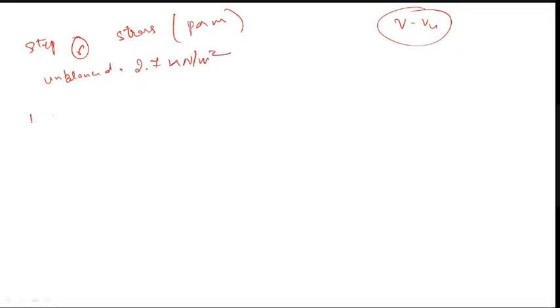Now what we will do is find the moment with respect to this unbalanced load, that is alpha x into W into Lx square. The alpha x value we have got, and Lx is 6 meter.